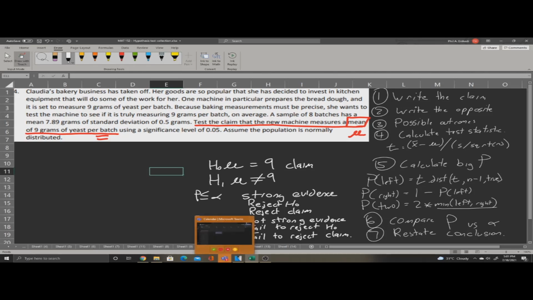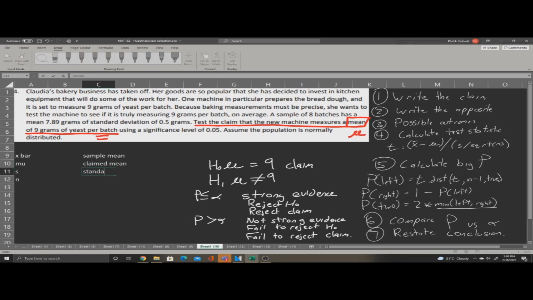Our test statistic from step 4 involves x bar, mu, s, and n. We can make places for those in Excel. Now bear in mind that x bar is the sample mean, and mu is the claimed mean.